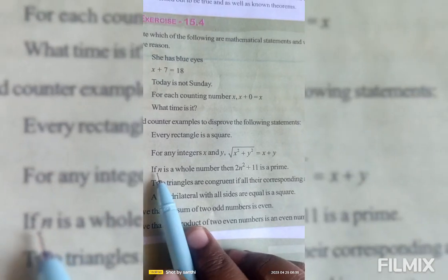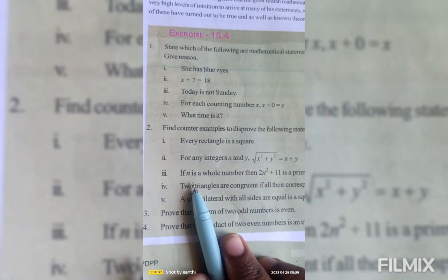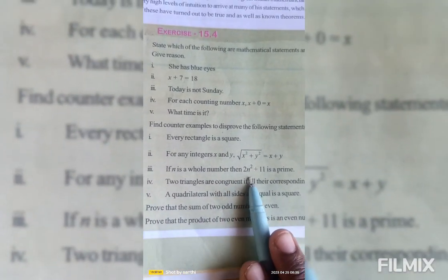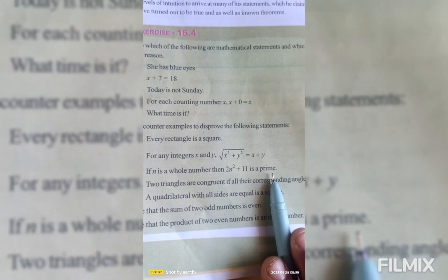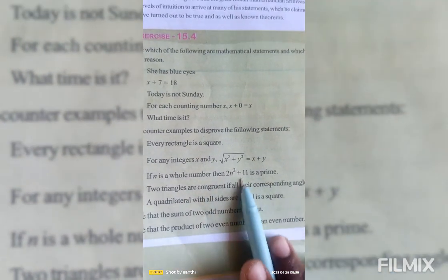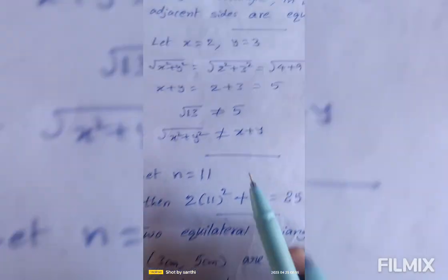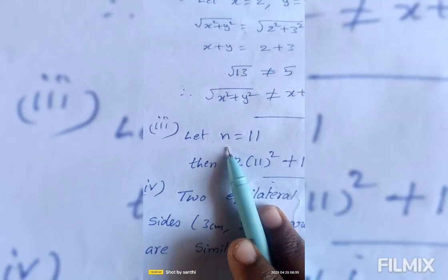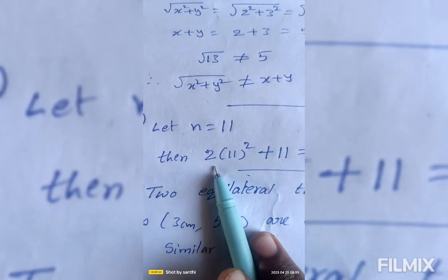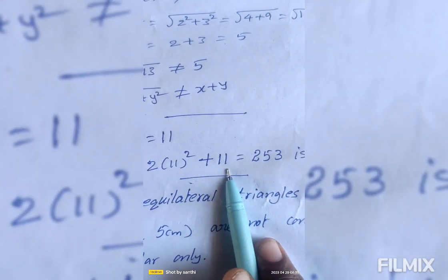Then see the third one, what they have given. If n is a whole number, then 2n square plus 11 is a prime. Let us substitute any n value, our wish. If you substitute other values, it may be true, but for n is equal to 11, if you substitute: 2 into 11 square plus 11.